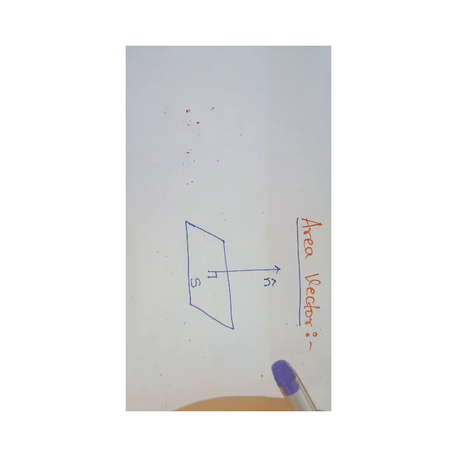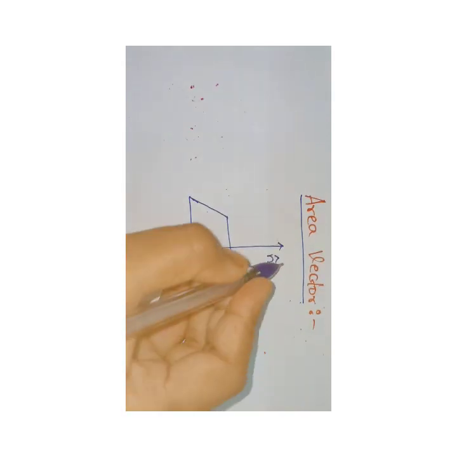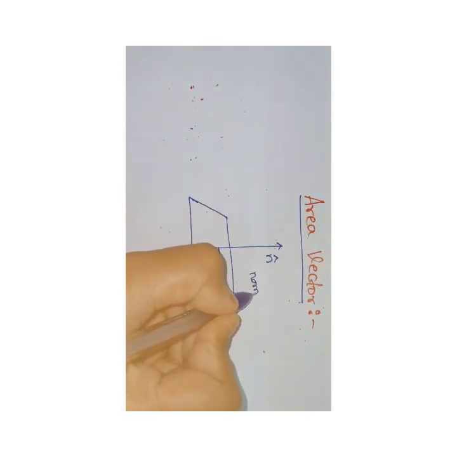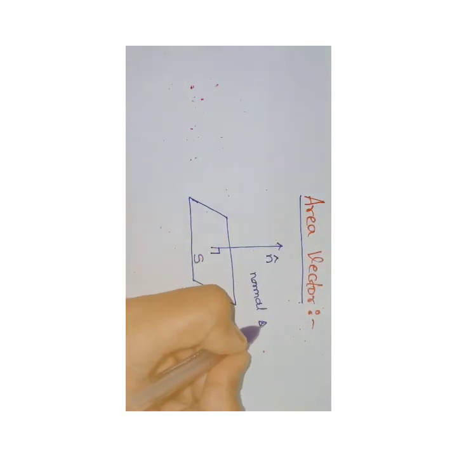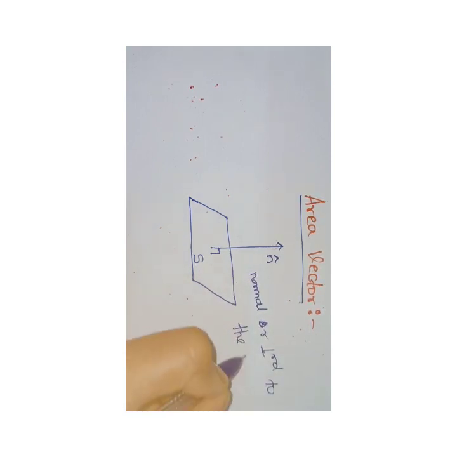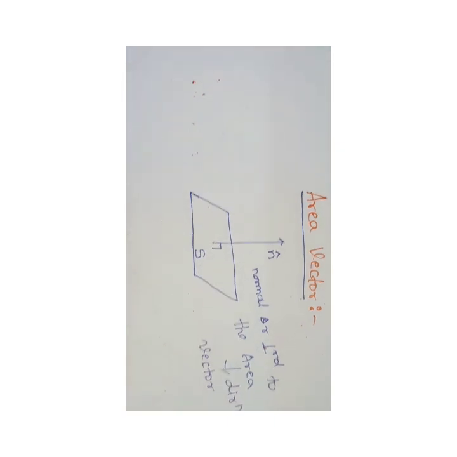So what is a unit vector? A unit vector is required to mention the direction. So always remember, if you are drawing a normal, or you can say perpendicular to the plane, perpendicular to the area, that gives the vector, or you can say that gives the direction.